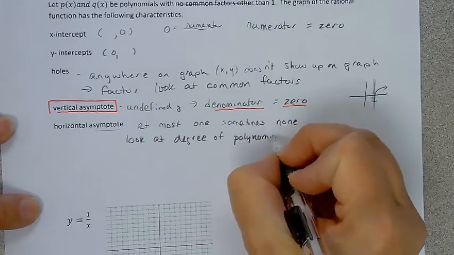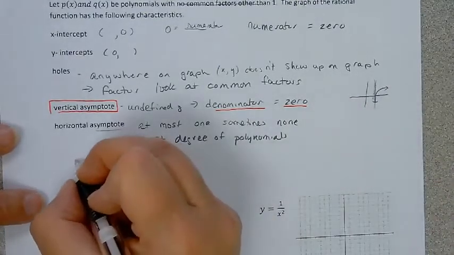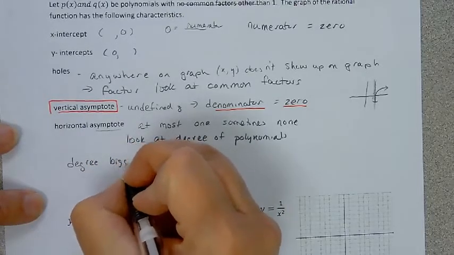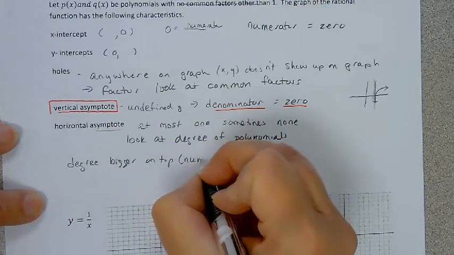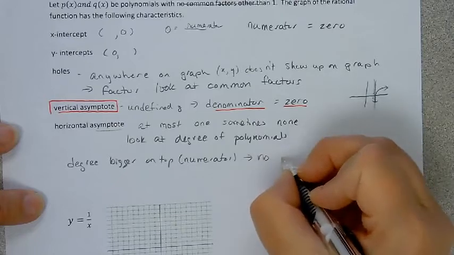And I'll make this make sense as we go through. So if you look at the degree of the polynomials, first of all, if the degree is bigger on top, that means the numerator, then you have no horizontal asymptote.